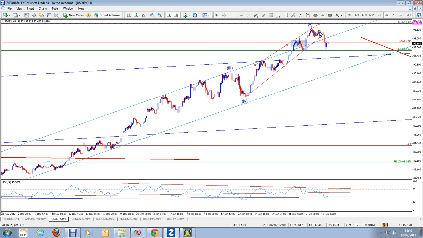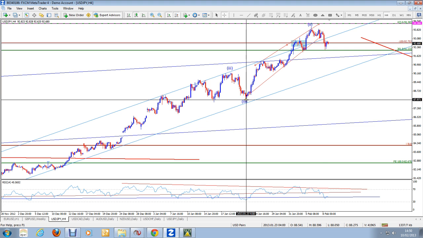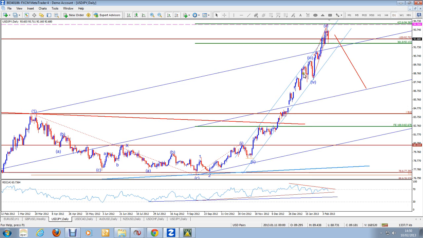So once that's done, we expect now a retracement to the downside, and often the retracement comes back to the wave 4 of the previous degree. That would bring us into somewhere about the 88 area. Now that synchronizes with the fact that we're expecting at least a 38% retracement.